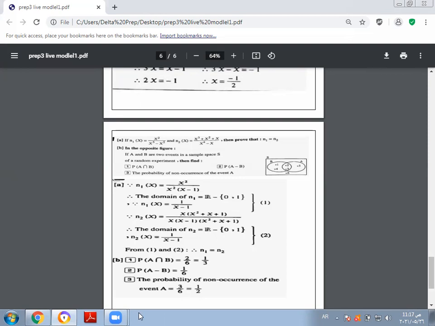A dash, the complement of event A, means all the elements that belong to the sample space and do not belong to A. Here we will find 1, 4, and 6. It means 3 elements. So the probability of non-occurrence of event A will be 3 over 6, which is half. Now we have finished solving model 1.